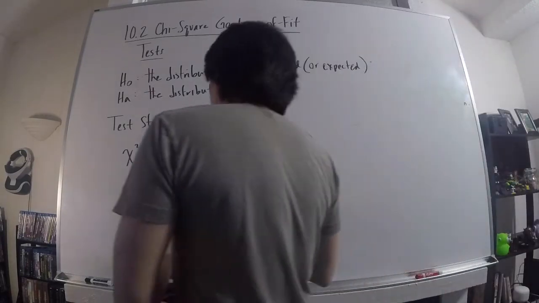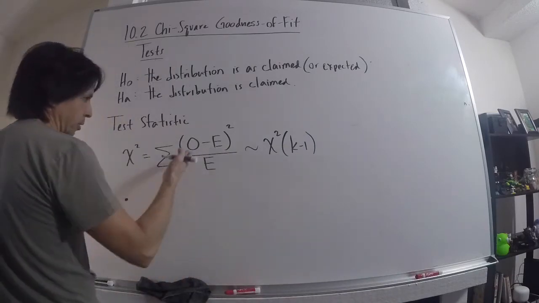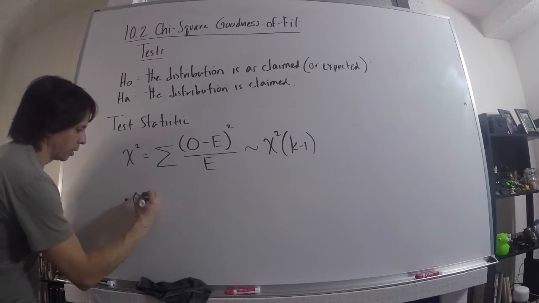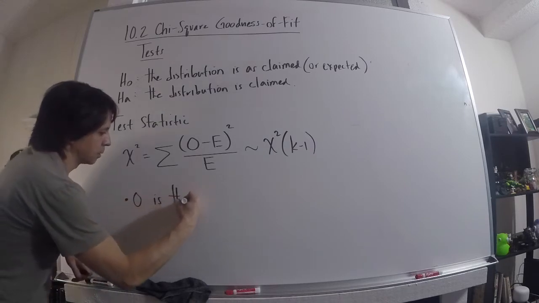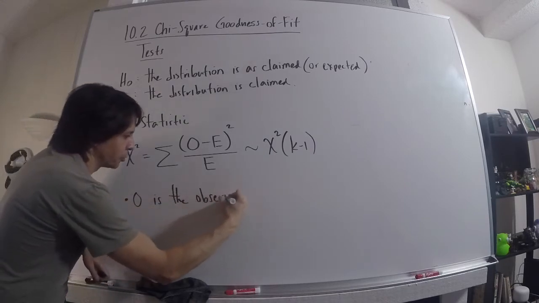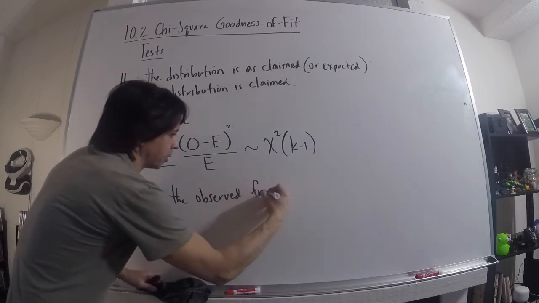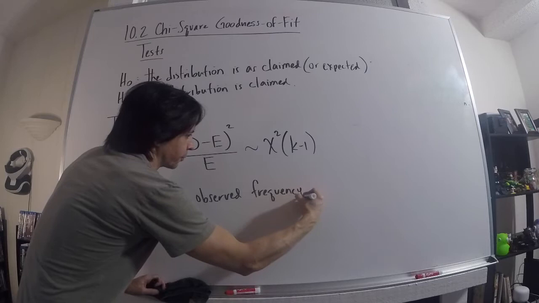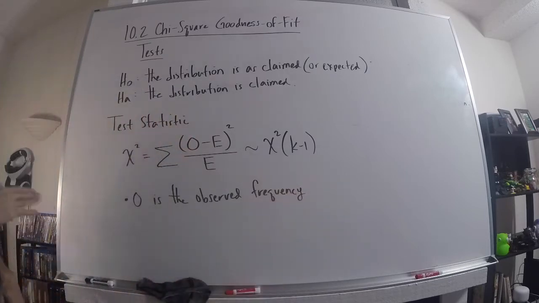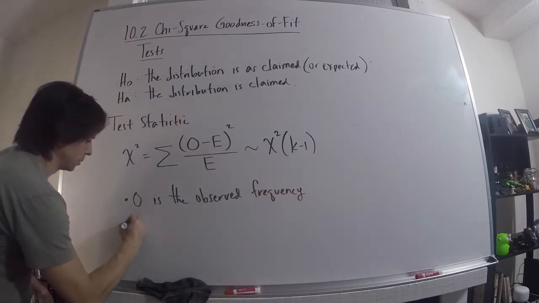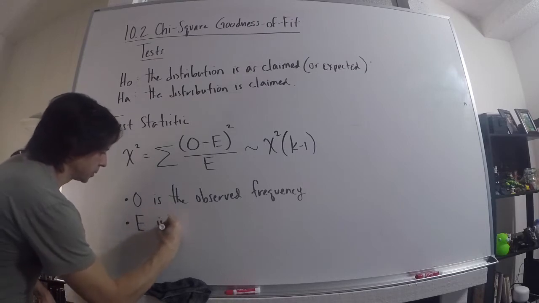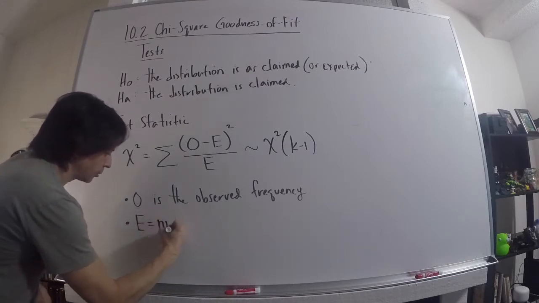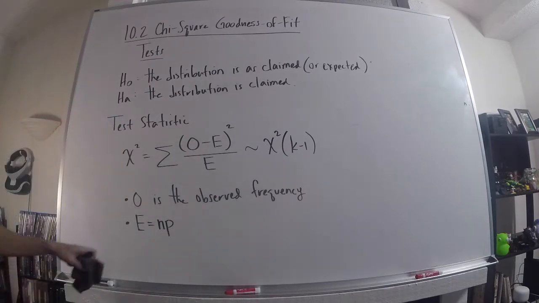I haven't really defined all these new symbols that we've never seen before. Chi-squared we know is a new distribution. O stands for observed. It is the observed frequency for each category, and there are going to be multiple categories. Capital E has a formula that you may have to compute: it's n times p. We'll elaborate on that in a bit.